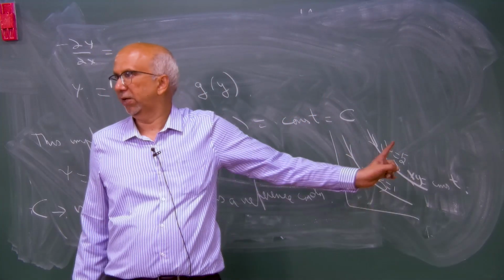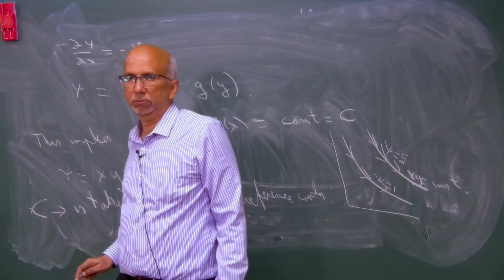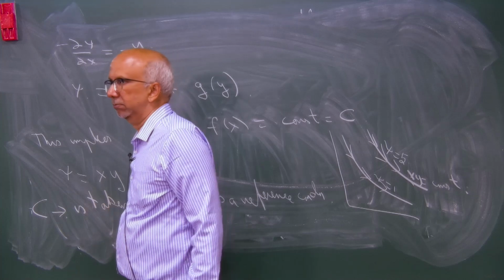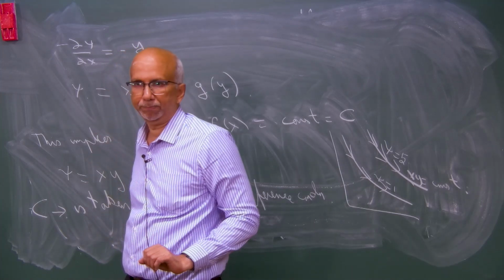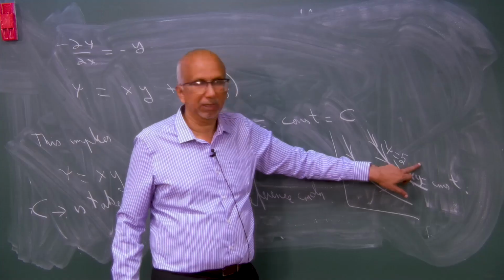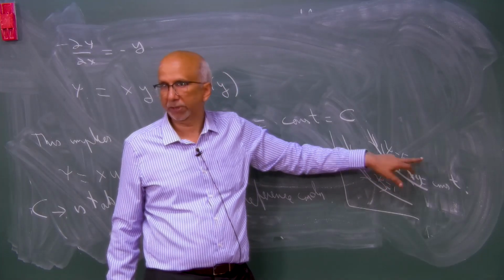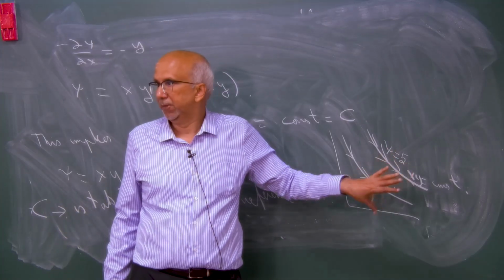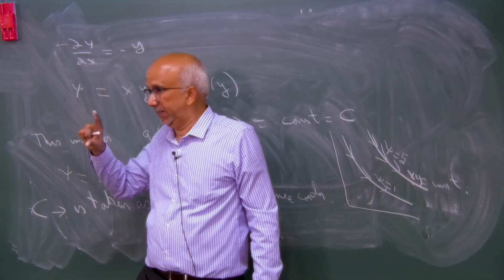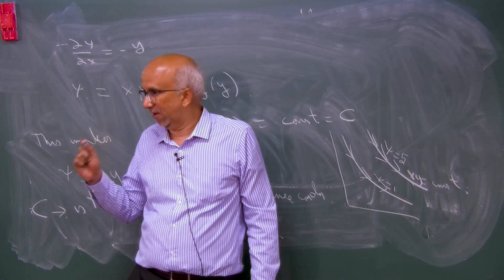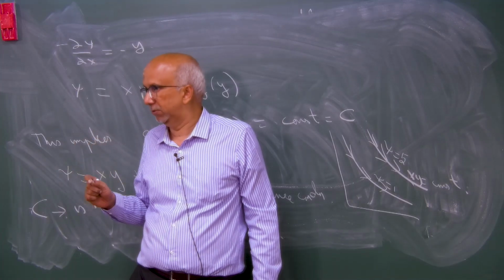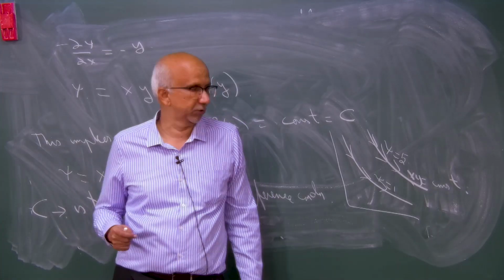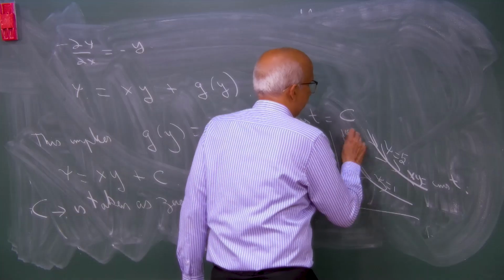This is 1 and 5 if I am assuming c is 0, but supposing instead of 0 I take 10, then this becomes 10, this will become 15. Okay. You will just get shifted by 10. So the difference is the same, and what you are interested in is the derivative. So the actual value of the stream function does not really matter. The differences in the stream function is the one which tells you what the velocity field is. Okay. So this could also be 10, it could also be 15.